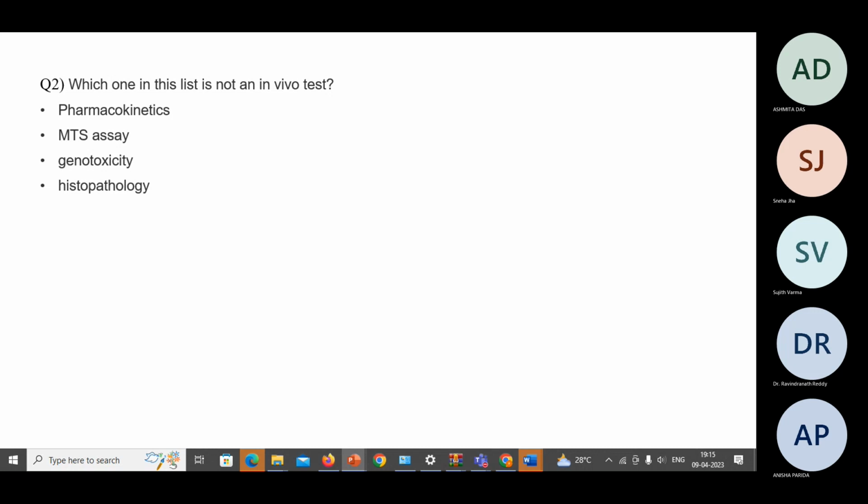MTS assay. Sorry, MTS assay. Does anyone have a different answer?